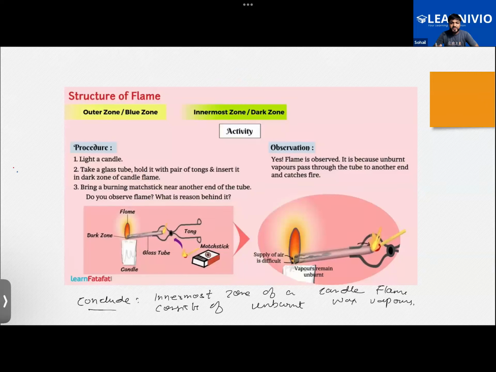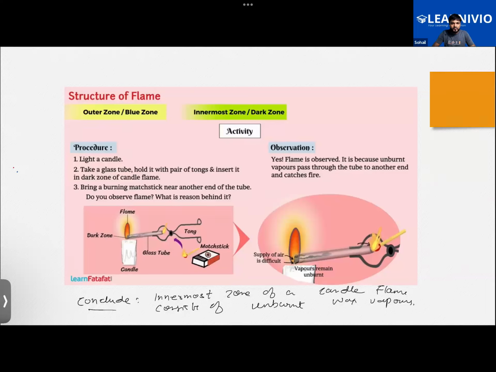Then tell me in which zone complete combustion is taking place? The outermost. Then tell me one more thing: out of the three zones, which zone is hottest? Innermost, outermost, or middle zone?